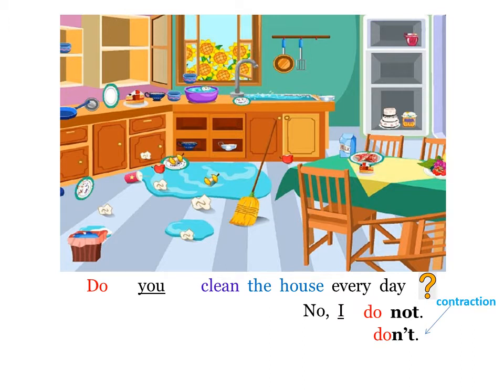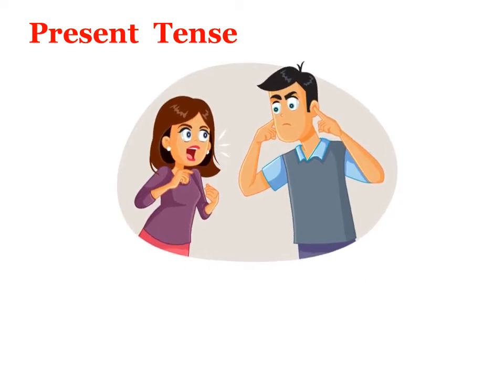That makes the contraction. So we have, no, I don't. You have to pronounce the T, don't. A negative sentence might be, I don't clean the house every day. These are all present tense with do.